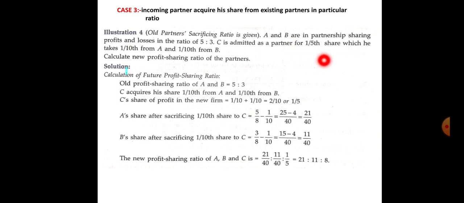Now this 1/5 share will be distributed by A and B in their equal proportion, 1/10 from A, 1/10 from B. Now suppose, very simple, learn it in a simple manner, if 1/10 will be sacrificed by A to C, तो उसके पास कितना बचेगा? अगर A अपने शेयर का 1/10 हिस्सा C को दे बैठा तो उसके पास कितना बचेगा?